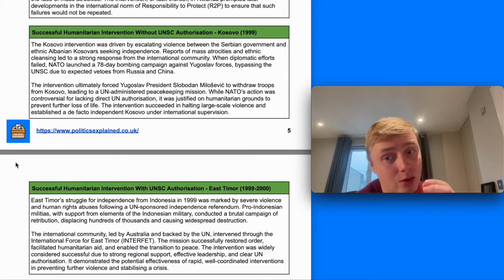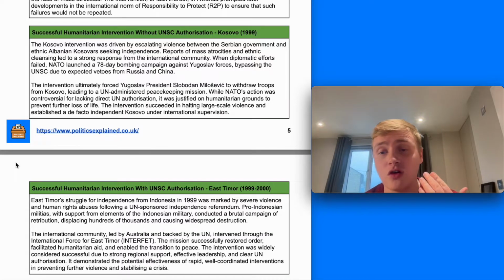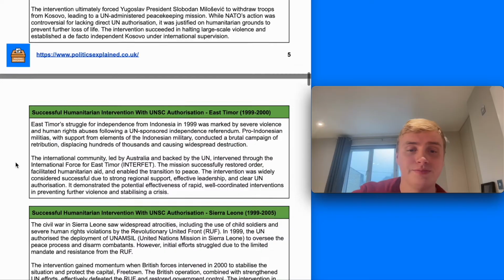As I said, this bypassed the UN Security Council because it would have been vetoed by Russia and China. The intervention ultimately forced the withdrawal of troops from Kosovo, leading to a UN-administered peacekeeping mission. NATO's action was controversial because of the lack of UN Security Council authorisation, but it was justified on humanitarian grounds and ultimately seen as largely successful due to halting the large-scale violence.